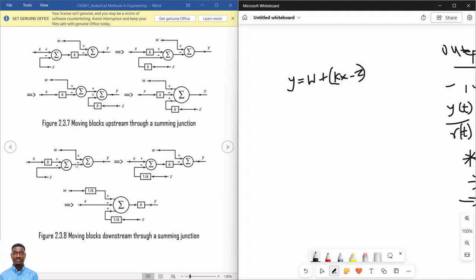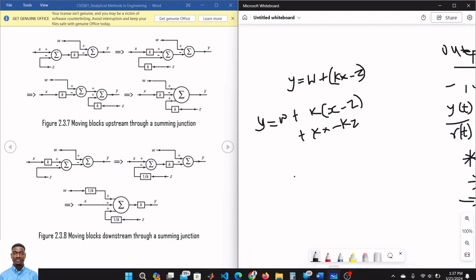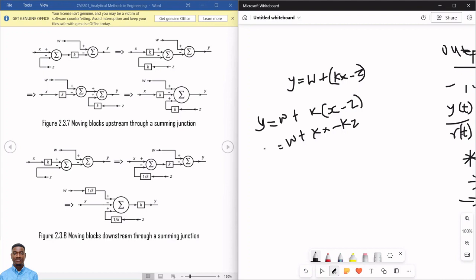If I move this K from here to here, and I don't put the K on any of these lines again, what I'll be having is Y equals W plus K into X minus Z, which is the same thing as saying KX minus KZ equals Y. Let's assume I just move this K to the right side of this summation block without putting it again on any of these lines. That's what I'm going to be having.